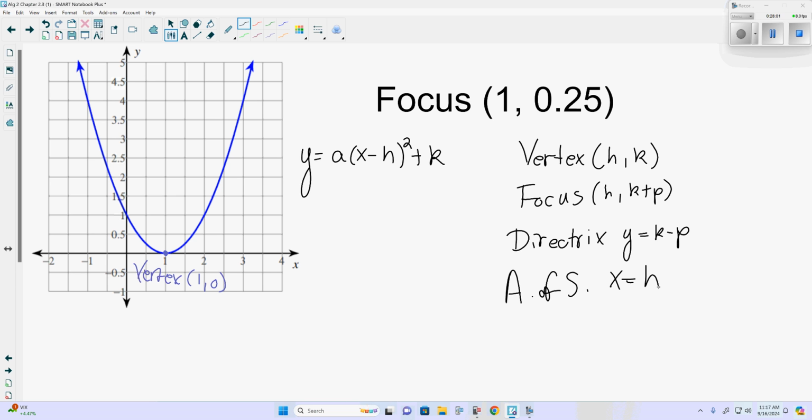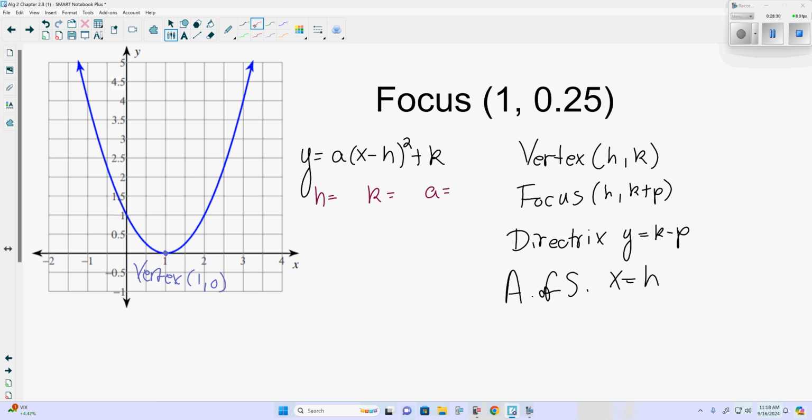Since we're finding the equation and they only gave us the vertex and focus, having the directrix and axis of symmetry really doesn't give us any additional helpful information. And again, we need to find the value of h, k, and a, our 1 over 4p, to find out what we plug in each of these 3 spots.